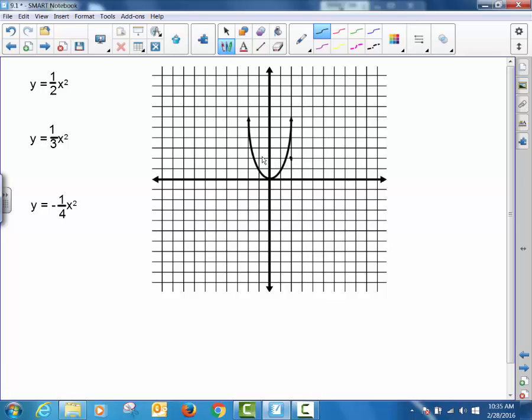The corresponding point on the other side will be right here. Now we've got 4. 4 squared is 16 times 1/2 is 8. So we come over to 4, 8. And the corresponding point on the other side is right here. Let's try to draw a graph of that.